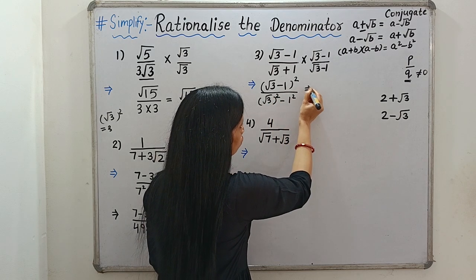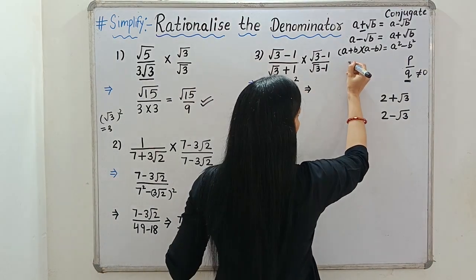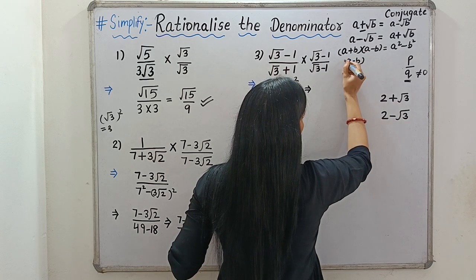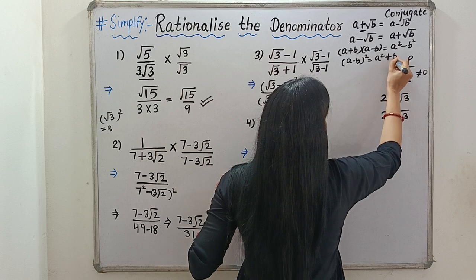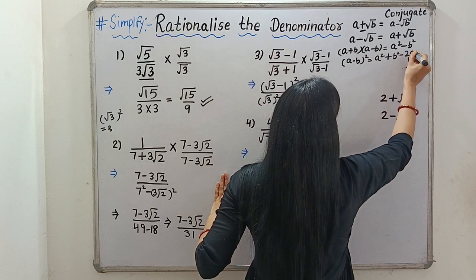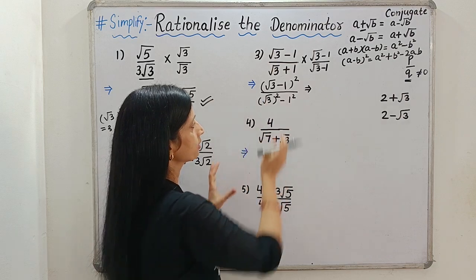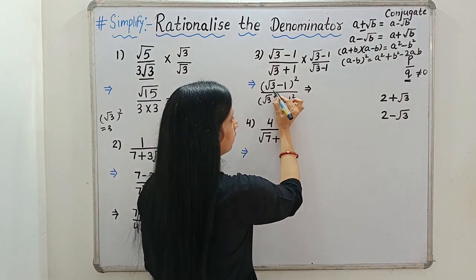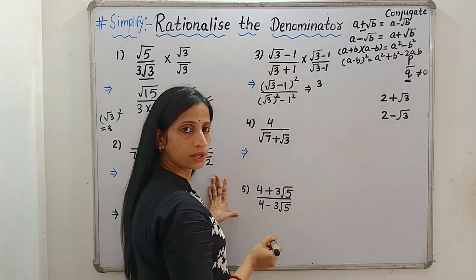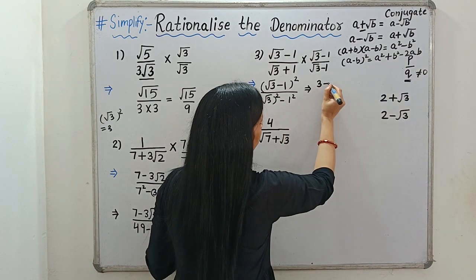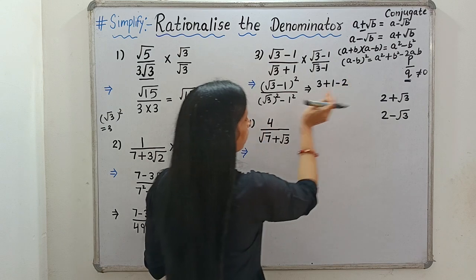Okay, so let's solve it. What is a minus b whole square? So what is the formula for this? A minus b whole square is a square plus b square minus 2ab. Okay, so we will just further simplify it. So root 3 square means a square is 3 plus b square, b is 1, so 1 square will remain 1, minus 2ab.